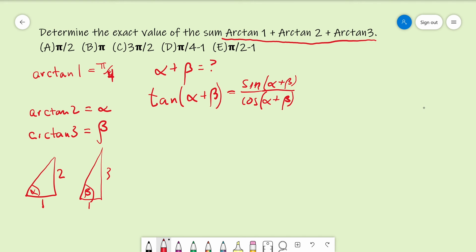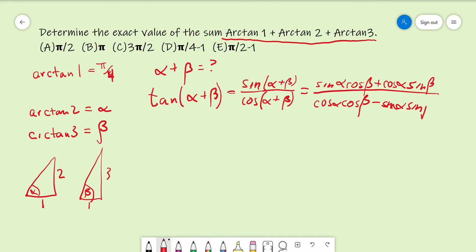Well, sine of alpha plus beta is sine alpha cosine beta plus cosine alpha sine beta, all over cosine alpha cosine beta minus sine alpha sine beta.